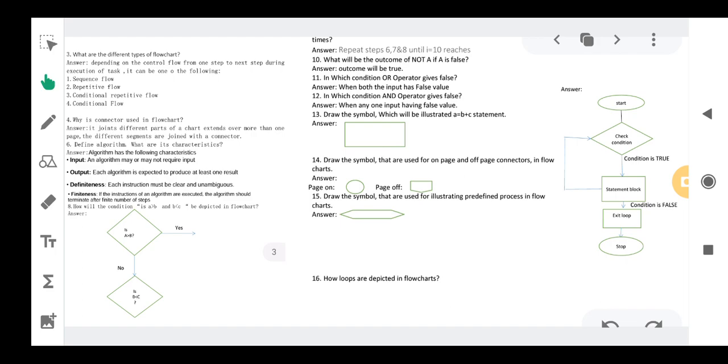If B is not less than C, then B is the highest. If B is less than C, then C is the highest one. In this way we can check using a diamond shaped box.